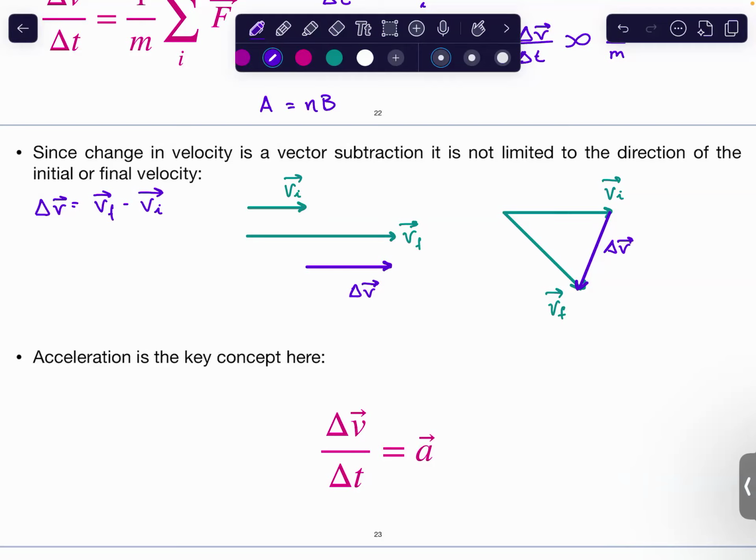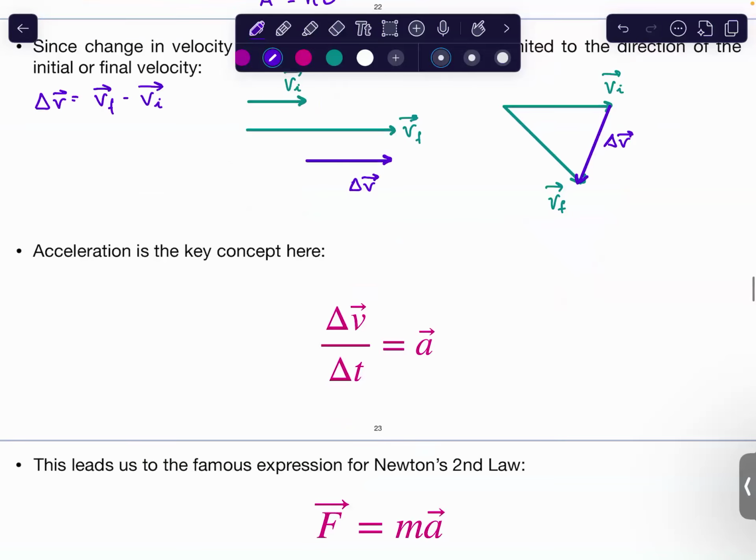Your delta V shows that increase in velocity. So that means that delta V over delta T, or the temporal rate of change of velocity, is what? Acceleration. So again, remember, now we have two rates of change. You see the rate of change of velocity is acceleration.